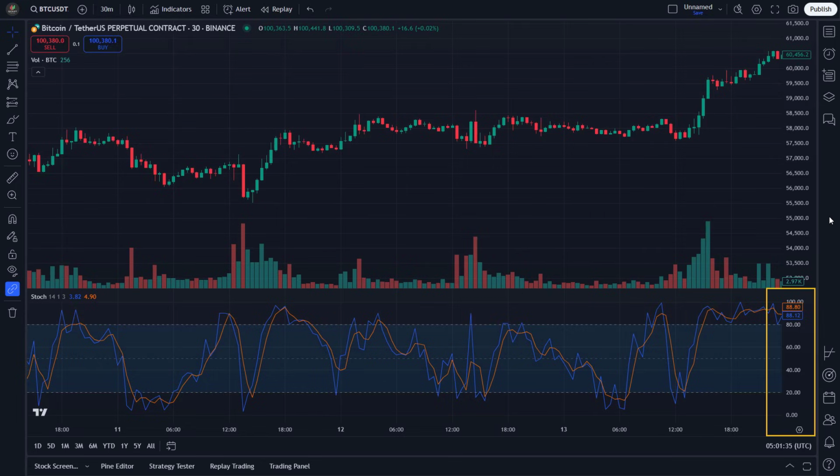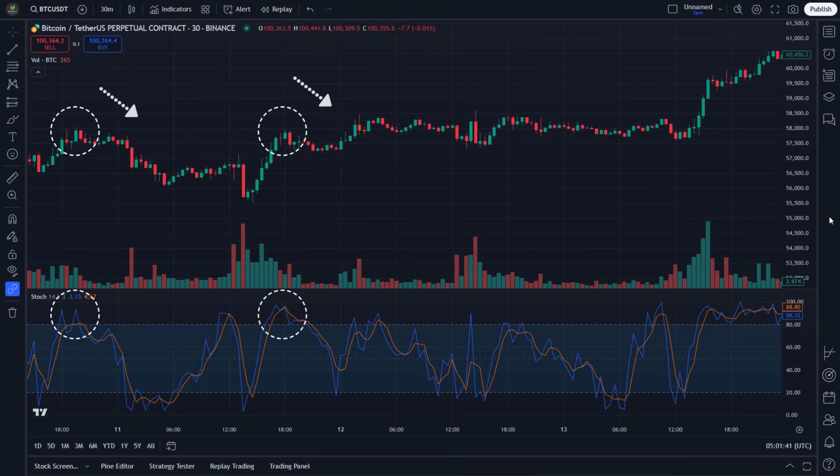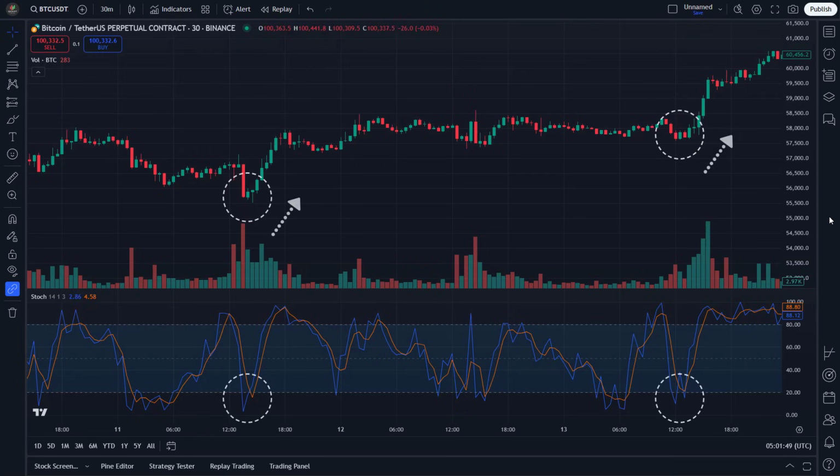It moves on a scale from 0 to 100. And here's what you need to know. When the value is above 80, this is considered overbought, meaning the price may be due for a pullback or reversal, possibly a signal to sell. When the value drops below 20, this is considered oversold, meaning the price might be undervalued and could start trending upwards, potentially a buy signal.